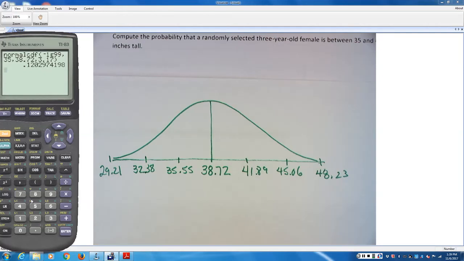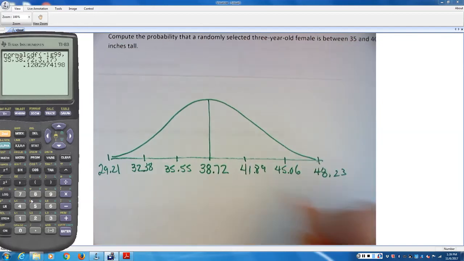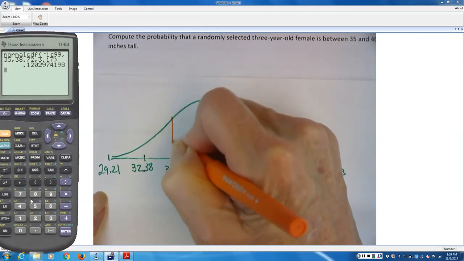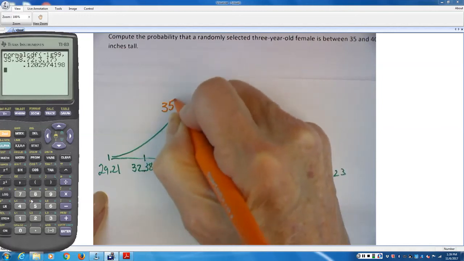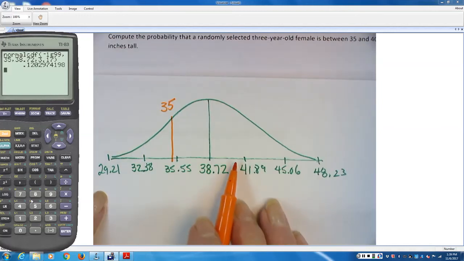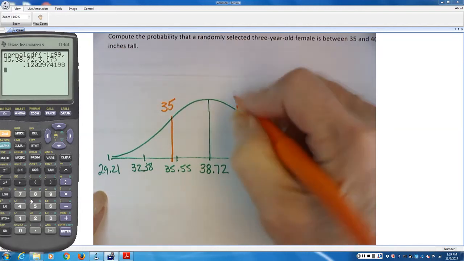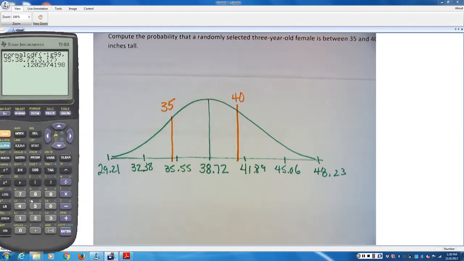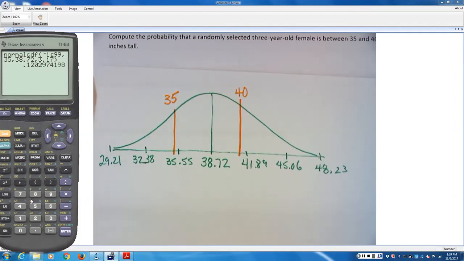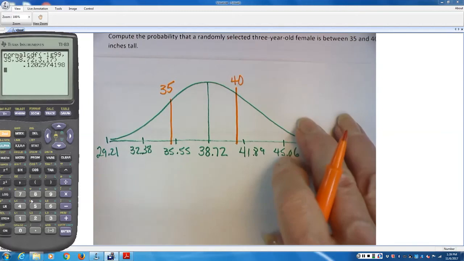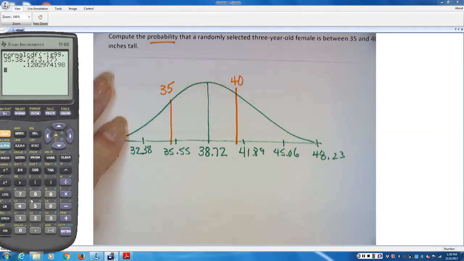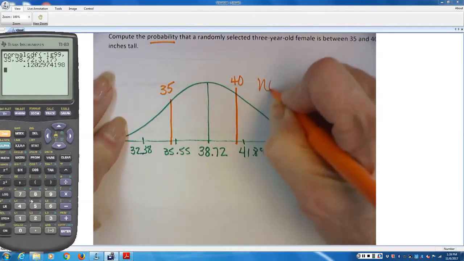If you've labeled in your curve like we did in the problem before, and we want to know that she's between 35 and 40 inches tall, here's 35, 38, 41, so 40 is probably along about here, or somewhere thereabout. And what we need then, since we're finding the probability, is again normal CDF.